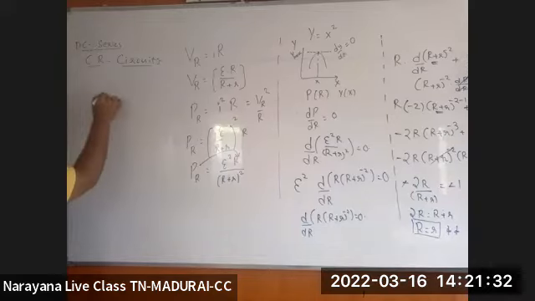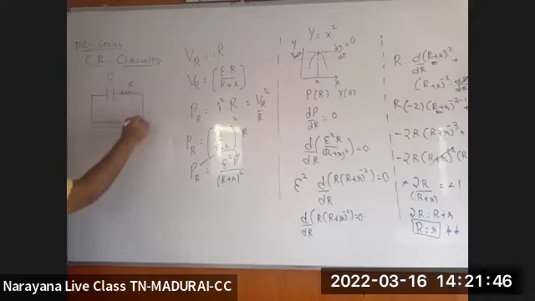I am taking one capacitor C and a resistance capital R, and I connect them to one cell of EMF E. For simple discussion, I am taking it as an ideal cell. The EMF of the ideal cell is capital E.